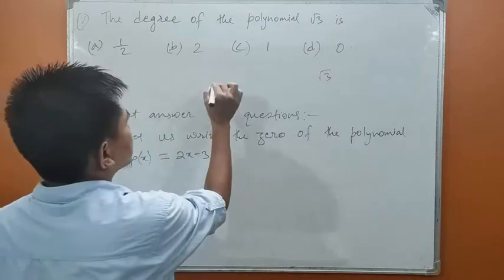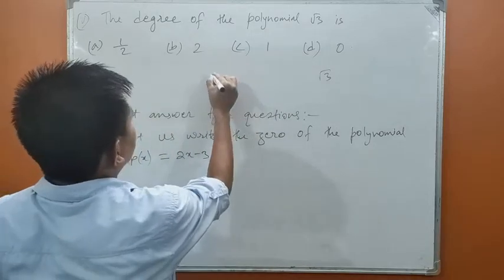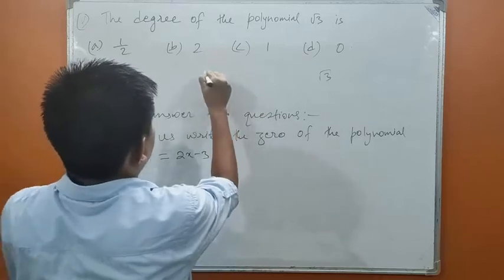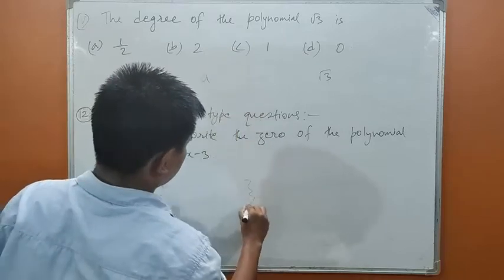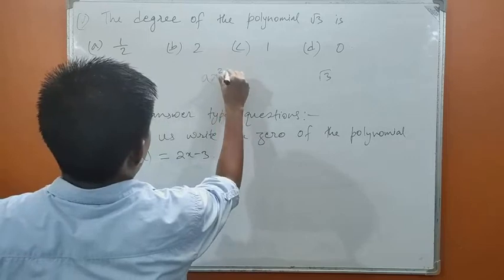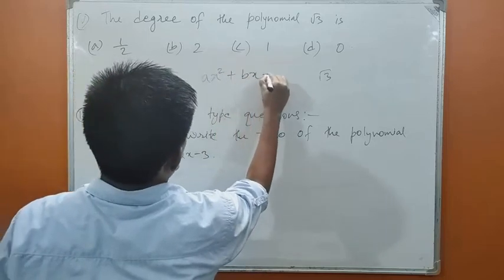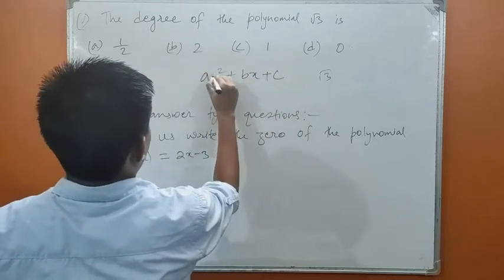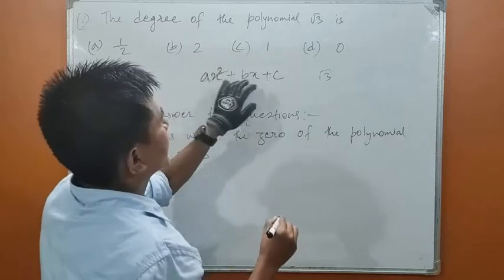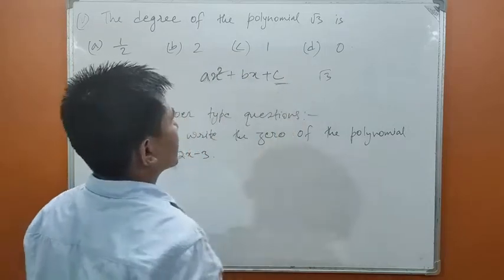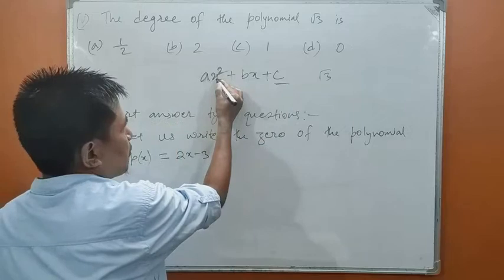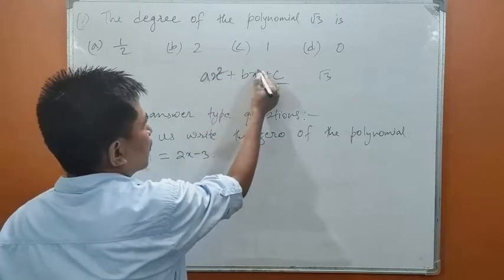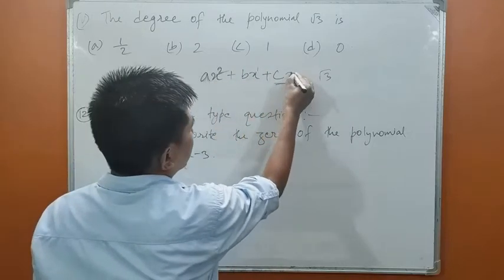Suppose I write a polynomial ax square plus bx plus c. This c is a constant term, isn't it? Here the power of x is 2, here the power of x is 1, and here the power of x is 0.